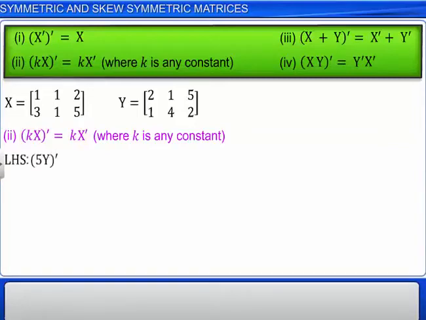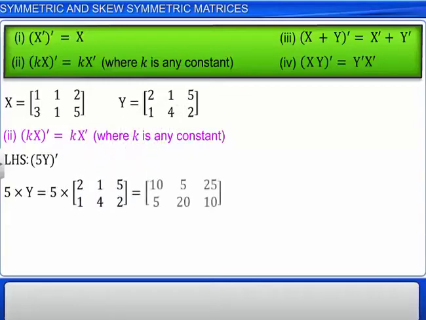Let's verify this using the matrix Y by finding the left-hand side. We multiply Y by a constant, 5. Next, we will take the transpose of this matrix.